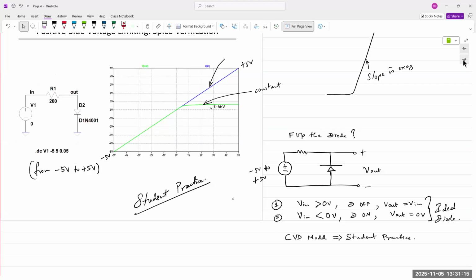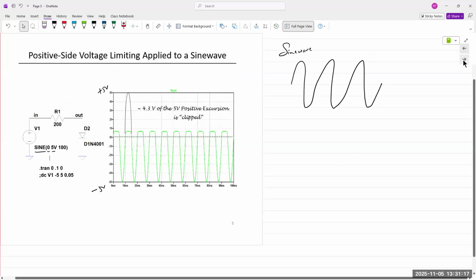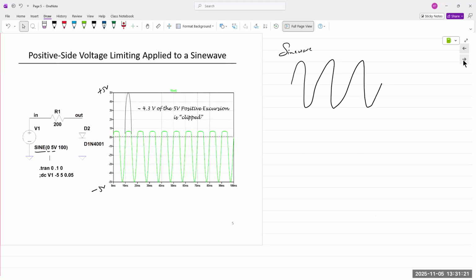All right. So let's go here. Positive side voltage limiting applied to a sine wave. So it's the same circuit, but now the input has changed. Input is varying. It's not a constant DC voltage. It's a sine wave, but the principle remains the same. We don't care what the voltage value is at any given point in time. We only care whether it's positive or negative. That's all we care about.